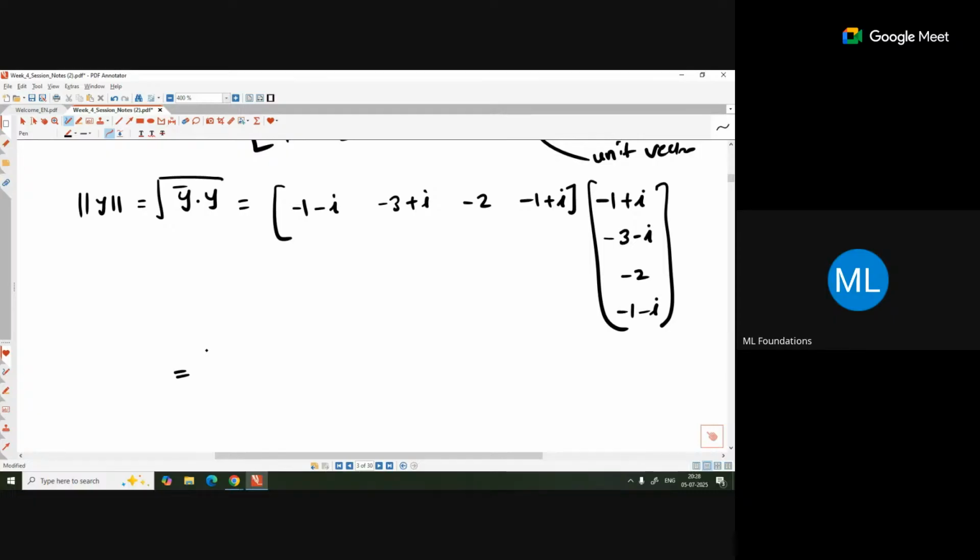Yes, sir. So the multiplication will be like this. Excuse me, sir, in this case, don't we need to write the square root? Yeah, square root is there. I'll do this first, and then we'll take the square root.